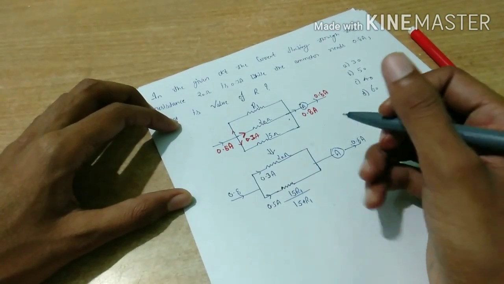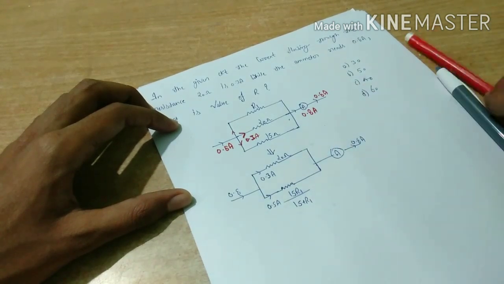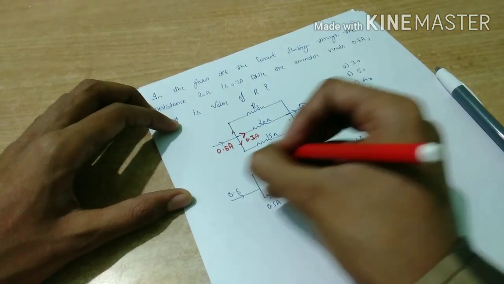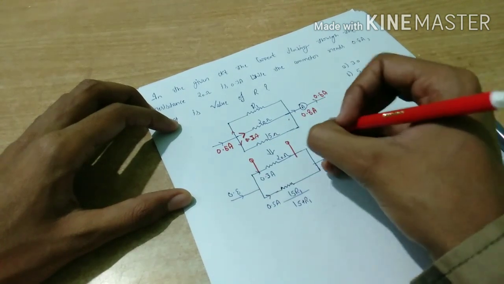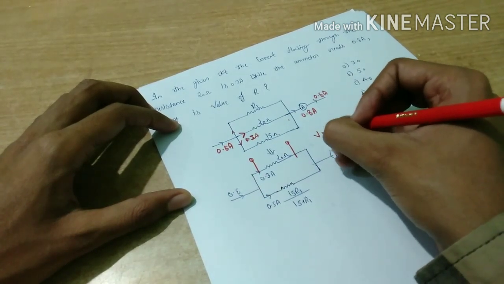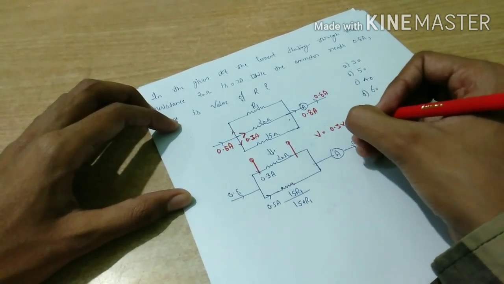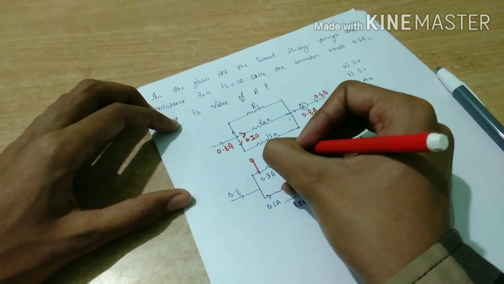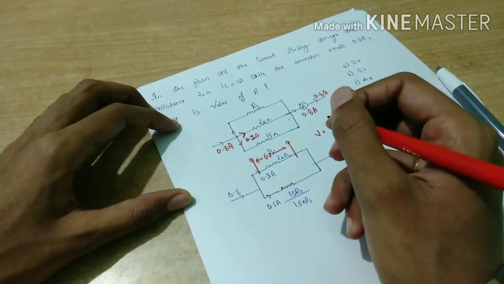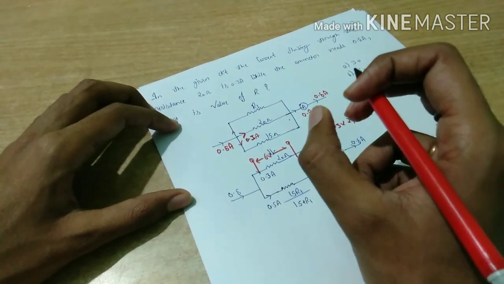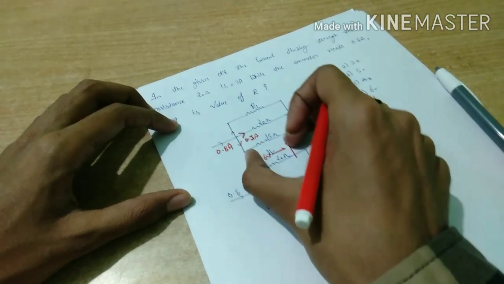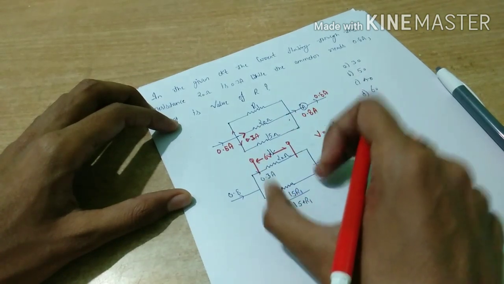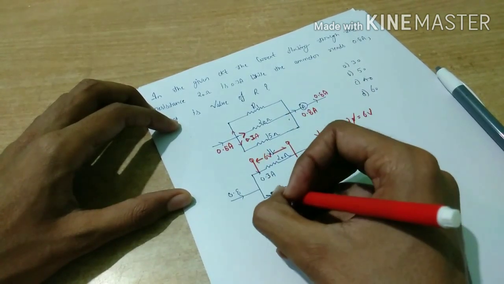Now the voltage developed across 20 ohm is V equal to IR, so 6 volt is developed across 20 ohm. And the important point is that whatever voltage is developed here, the same amount of voltage appears here because of parallel combination.